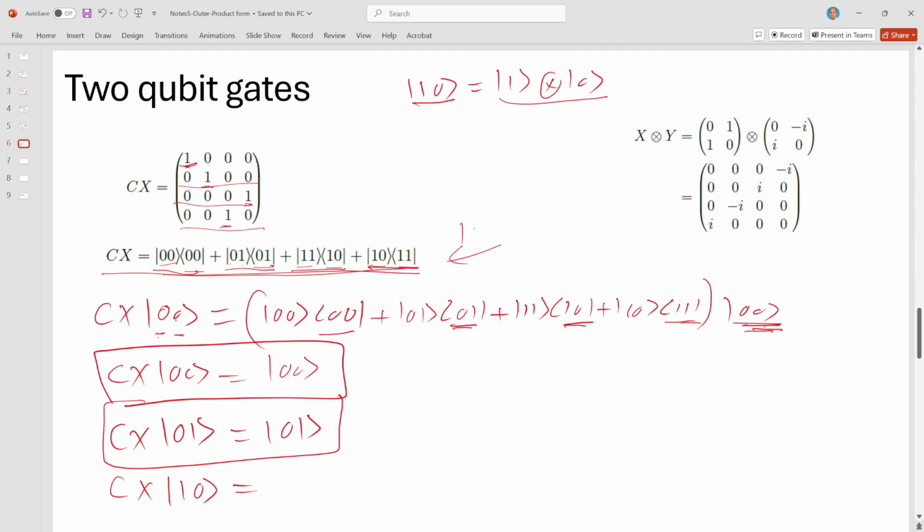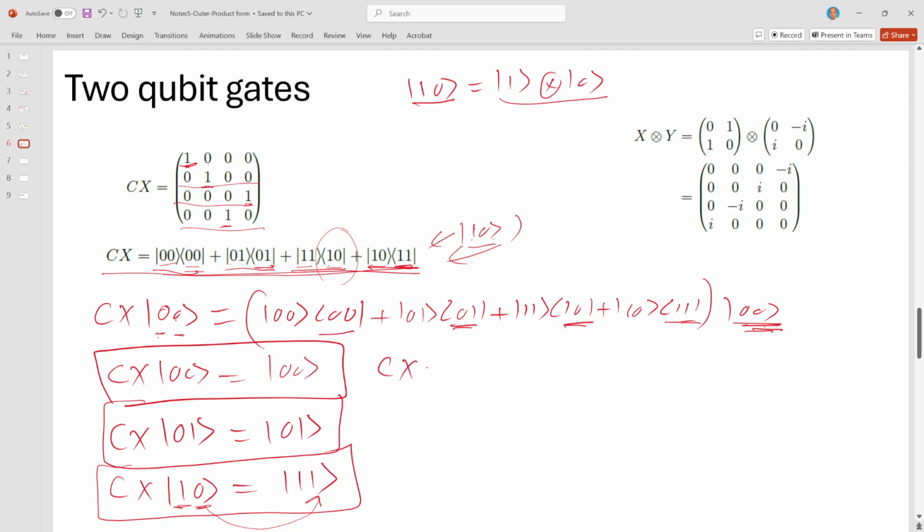When 1 0 comes in here, this inner product is 0, the inner product with this 1 0 state is 1, so I get 1 1. The 1 0 with 0 1 would be 0, and with 0 0 also 0. This is actually what we should get, because the control qubit is in the 1 state, so the target gets flipped, 0 goes to 1.